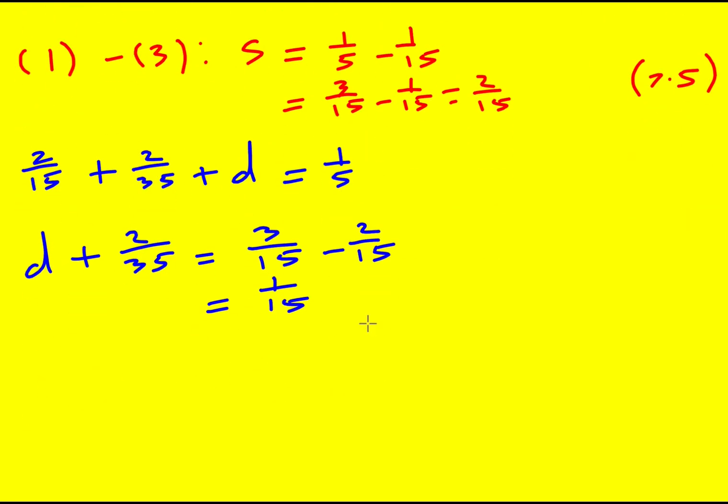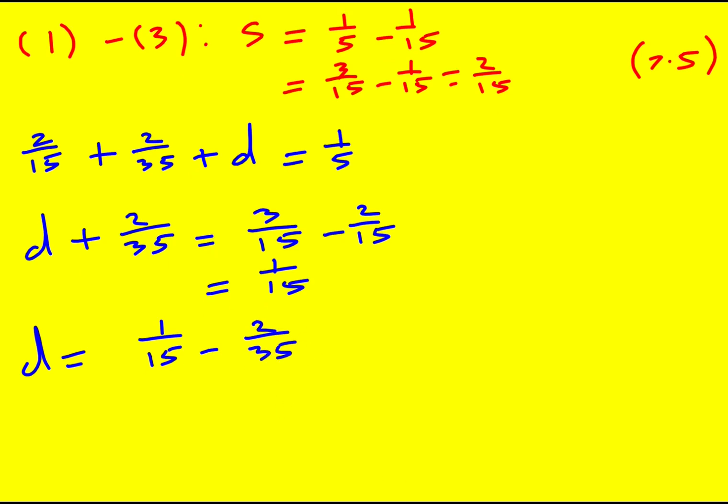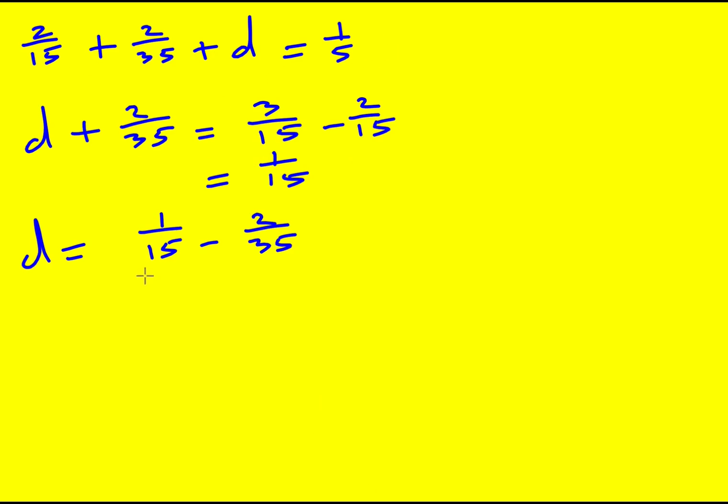Okay, so then Darren's rate is going to be 1 over 15 minus 2 over 35. We need to find the lowest common multiple of 15 and 35. This is 3 times 5, and this is 5 times 7. So if I times this one through by 7, that'll give me 7 over 105.